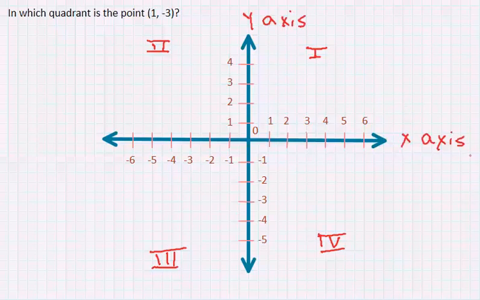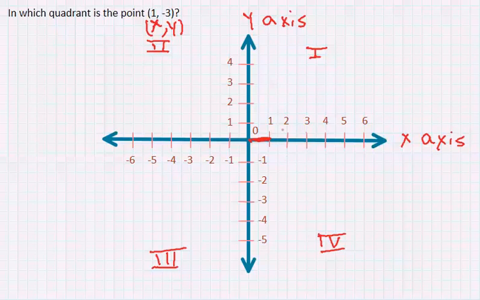I've gone ahead and labeled the x and y axis, so we can keep these in mind when determining which quadrant points are in. So point (1, -3), remember this represents x and this is y. So we'll go over +1 on the x-axis.